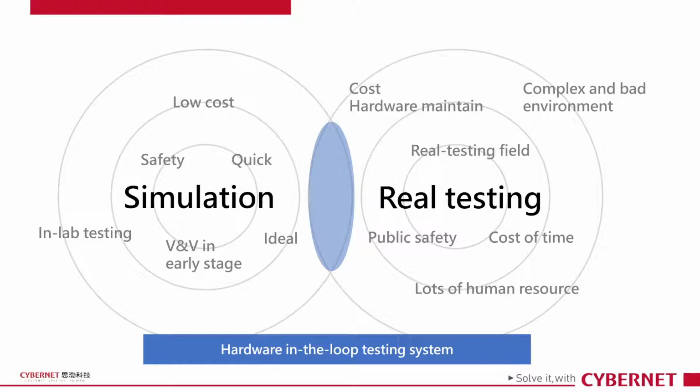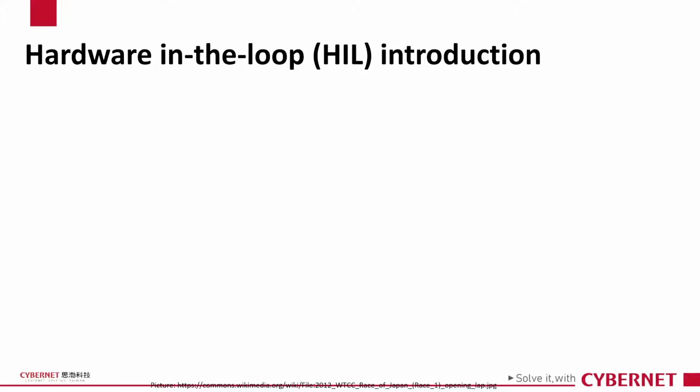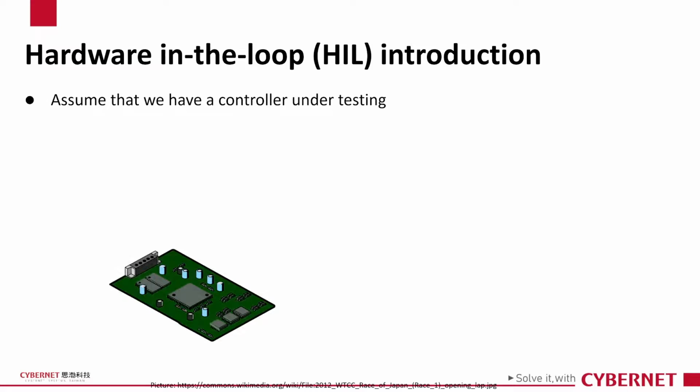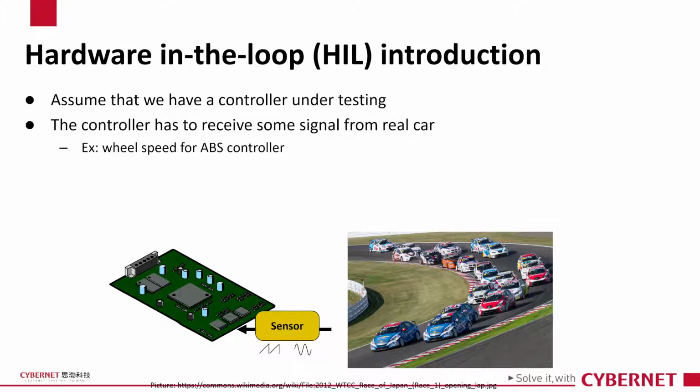The question is, do we have a more balanced method to test our controller hardware? Of course, the answer is yes. That's why we use hardware in the loop. Hardware in the loop, also known as HIL, is a controller design and testing method. Let's assume that we have a controller under testing. The controller has to receive some signals from a real car.